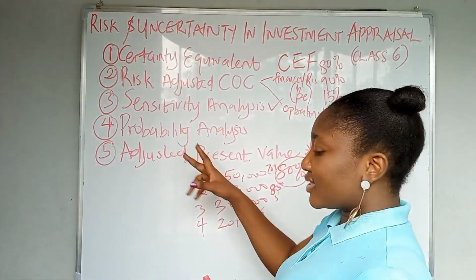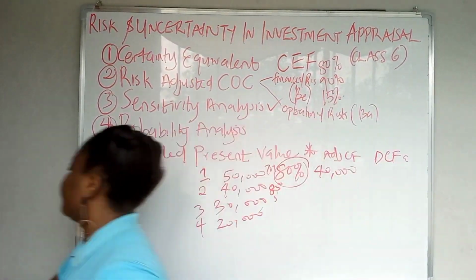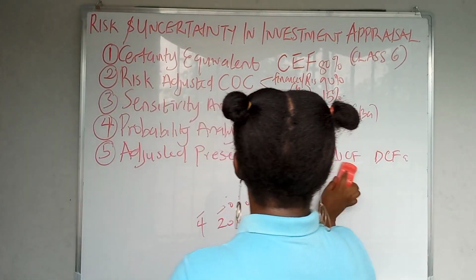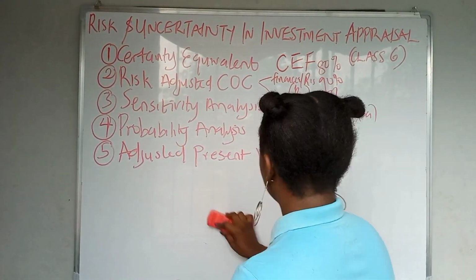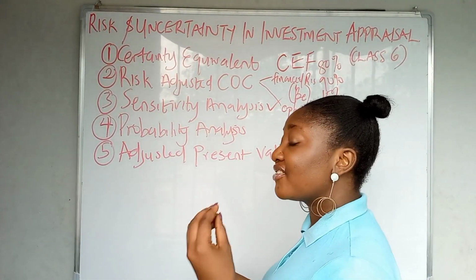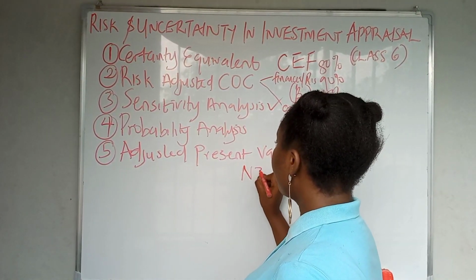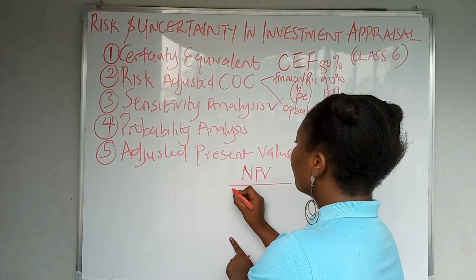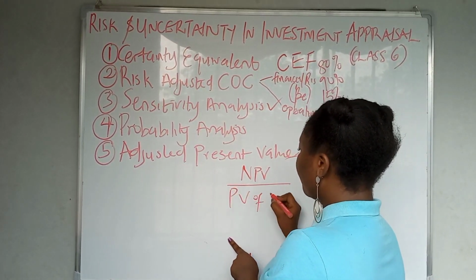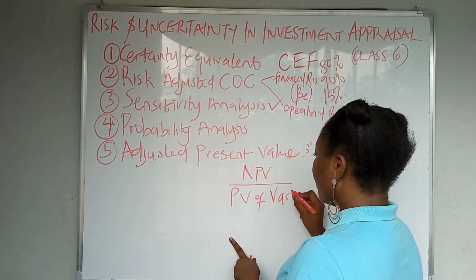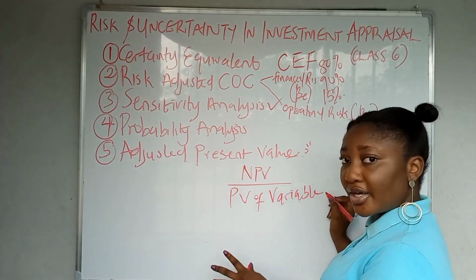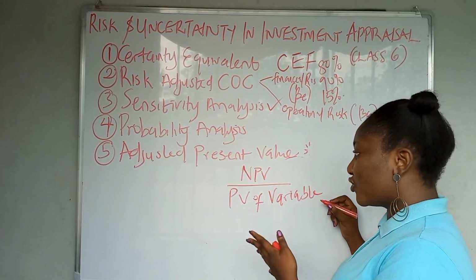So this sensitivity analysis, the way to know how sensitive the MPV is by saying the MPV over the present value of the particular variable that you are considering, okay, or the particular factor you are considering.